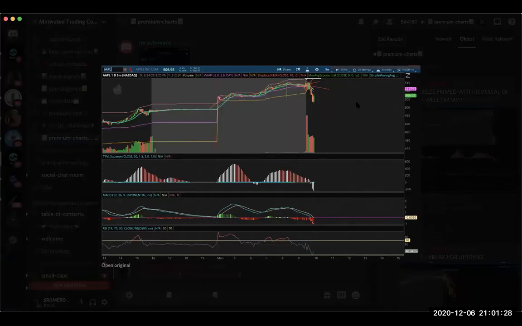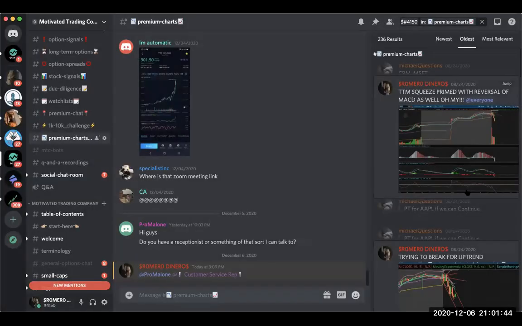So right here, we can see that huge sell-off from Apple. It broke down. As soon as we see that downward move, it broke under, boom, we had those puts, banked on puts.